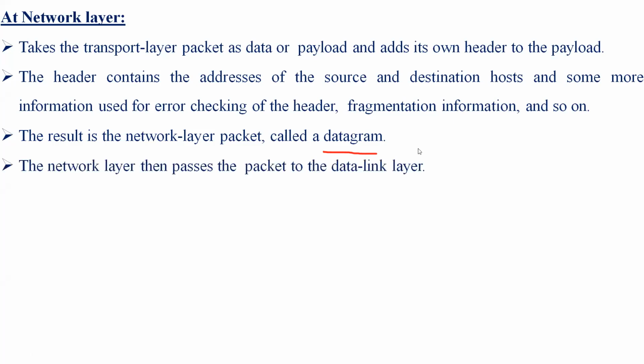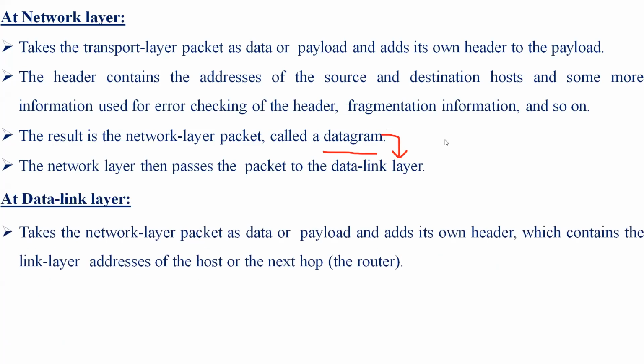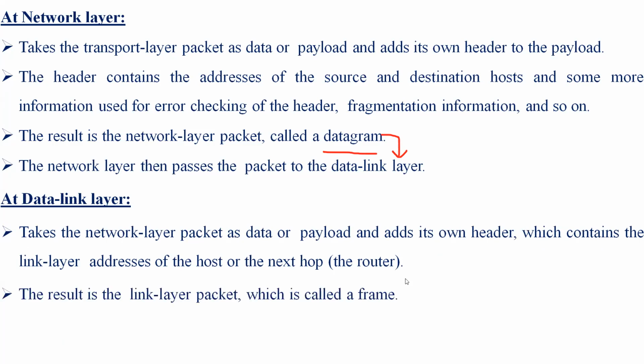So the network layer then passes the packets to the data link layer. This datagram will be passed to the data link layer, that is the lower layer of the network layer. At the data link layer, it takes the packet or payload, and it adds its own header, which contains the link addresses, that is, the physical layer addresses of the host or the next router address.